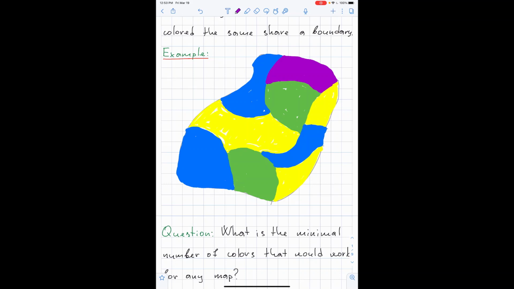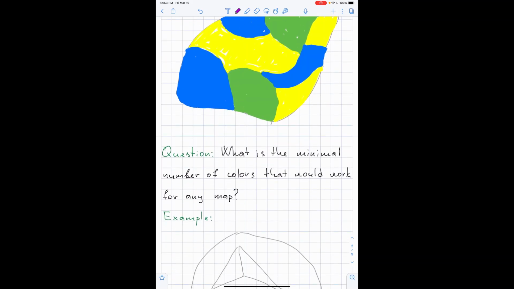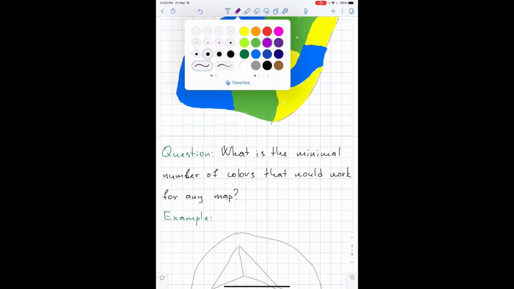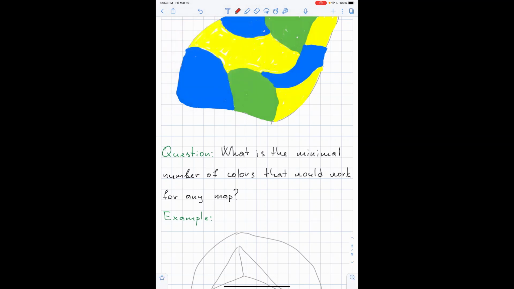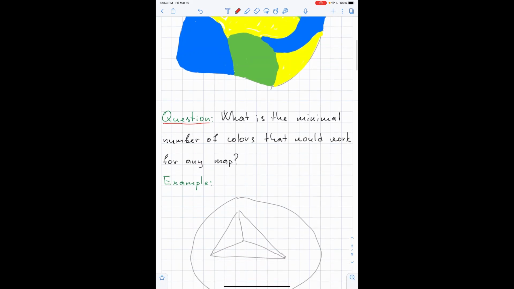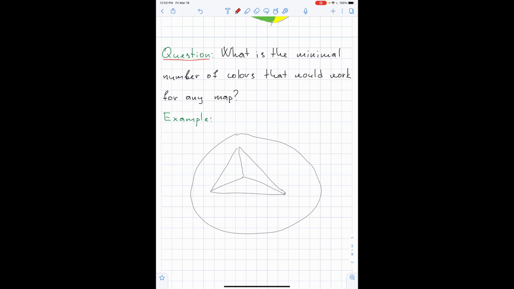Now one can ask the following question: what is the minimal number of colors that would allow us to color any map, that would work for any map. So, well, let's consider one more example over here.